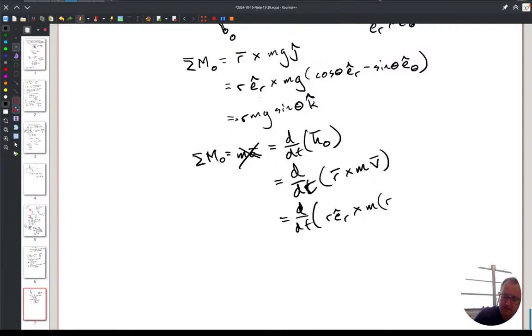This is R dot along that ER plus R theta dot along that E theta.